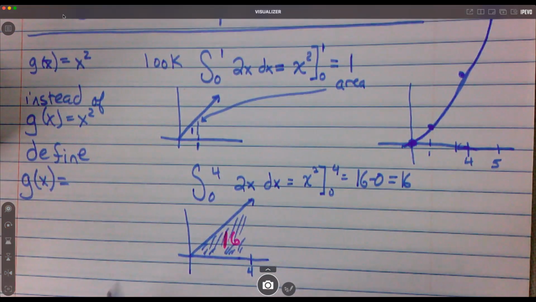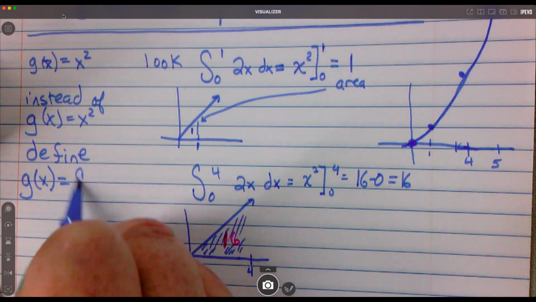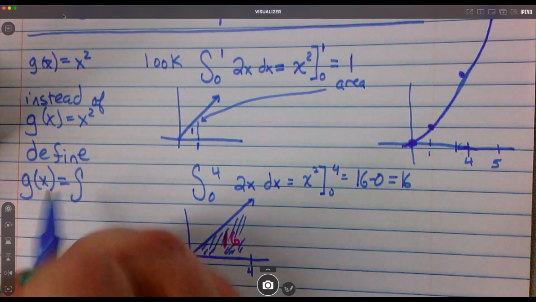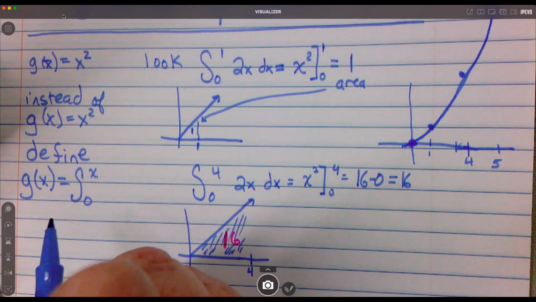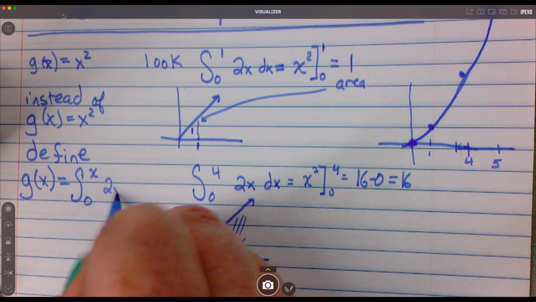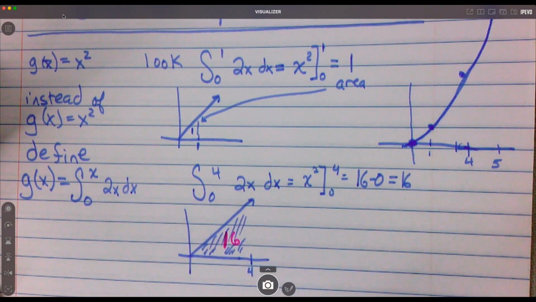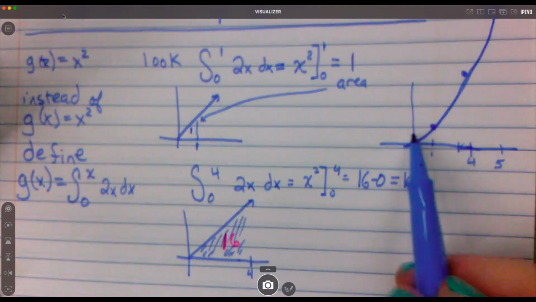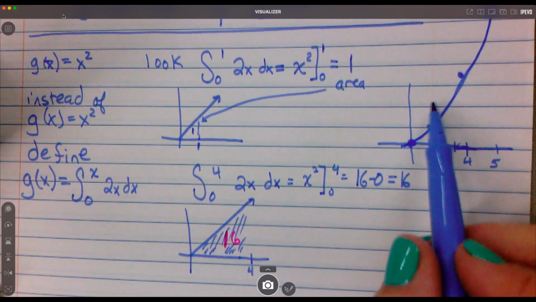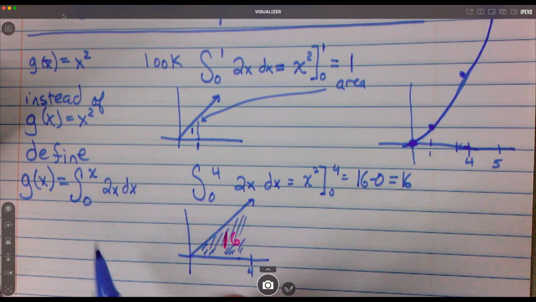G of x can equal the integral from 0 to any number of 2x dx. So g of x could equal the integral from 0 to 1, or from 0 to 4, or from 0 to 5, whatever we choose to plug in here.